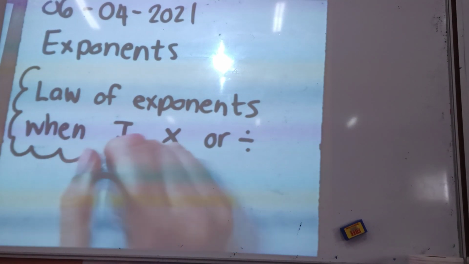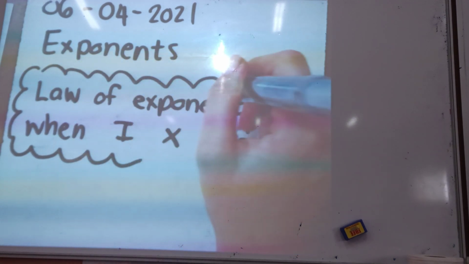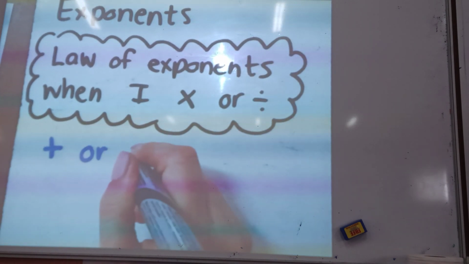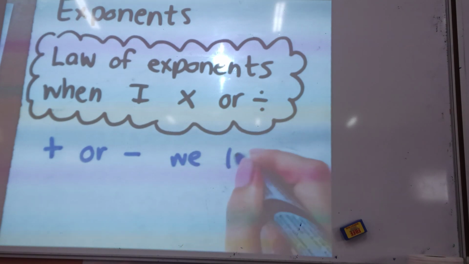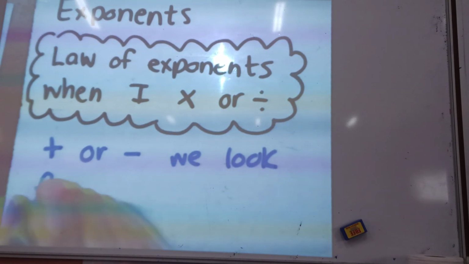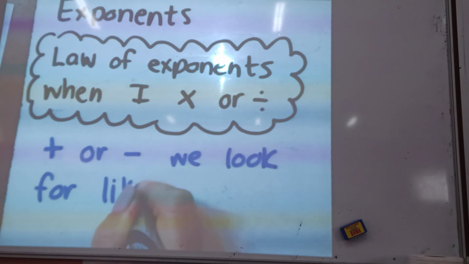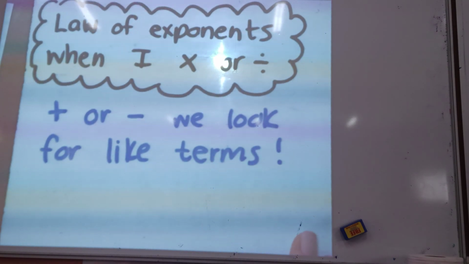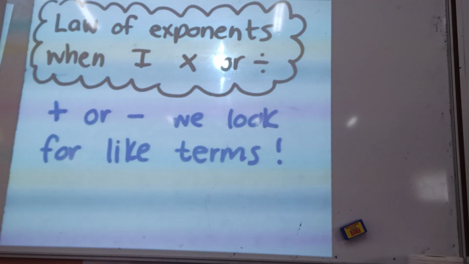Important. Who can tell me what happens when I add or subtract? Side note. What do we do when we add or subtract? We look for like terms. Right? Must I pause for you to write?